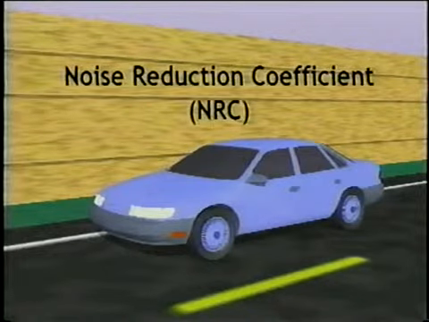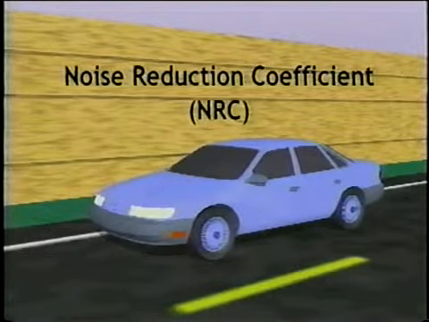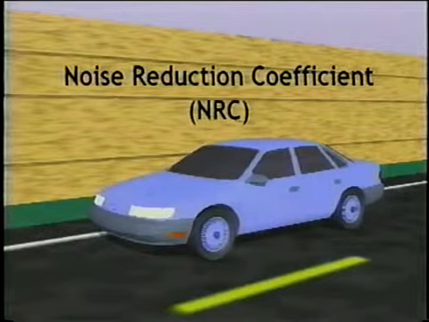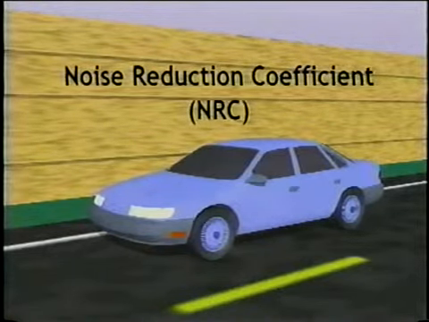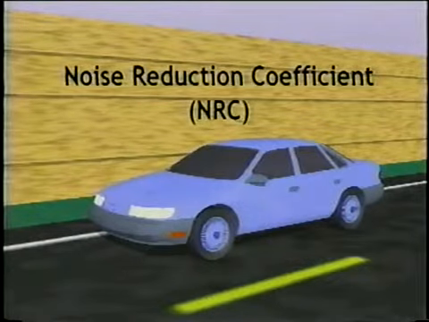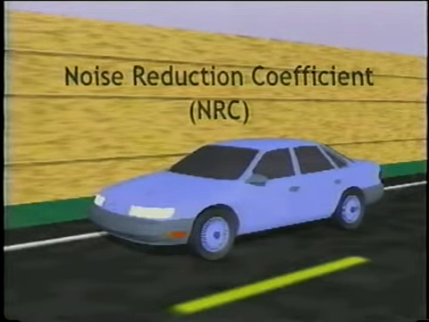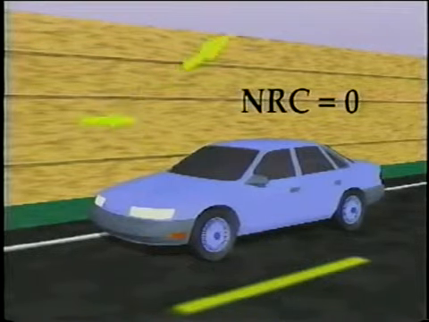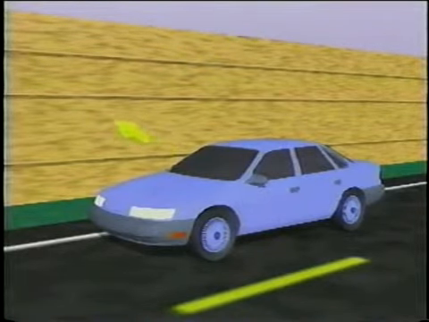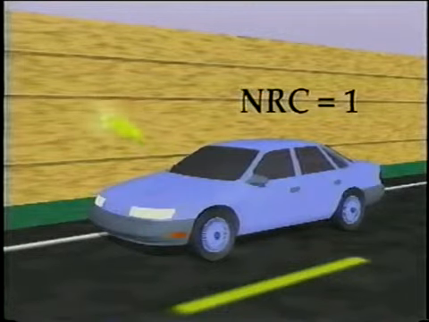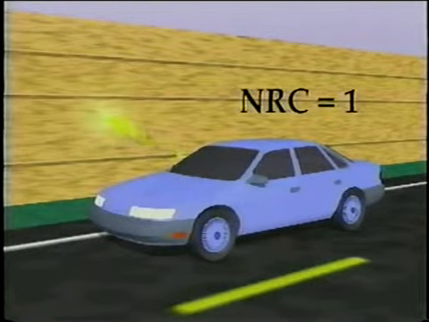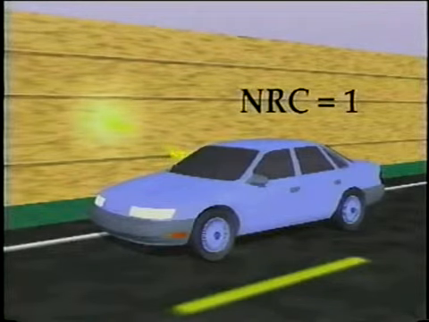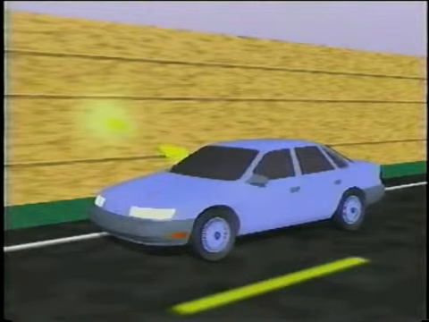Noise reduction coefficient values are based on an average of absorption coefficients at individual frequencies and theoretically range from 0 to 1, 0 indicating that the surface is totally reflective, or that there's no absorption, and 1 indicating that the material is totally absorptive. NRC values for an absorptive barrier generally range from 0.6 to 0.9.